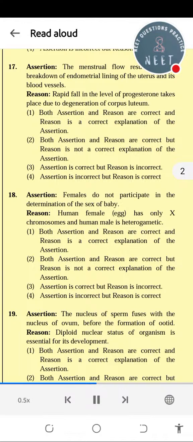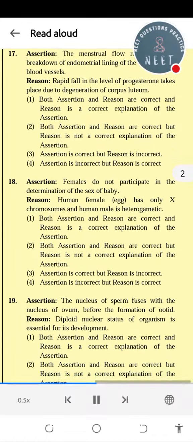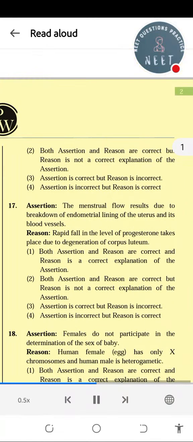1. Both assertion and reason are correct, and reason is a correct explanation of the assertion. 2. Both assertion and reason are correct, but reason is not a correct explanation of the assertion. 3. Assertion is correct, but reason is incorrect. 4.